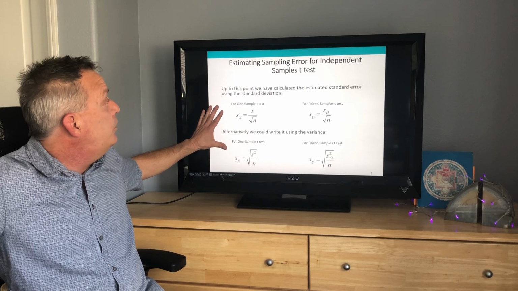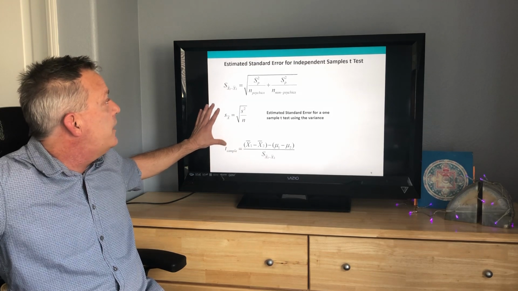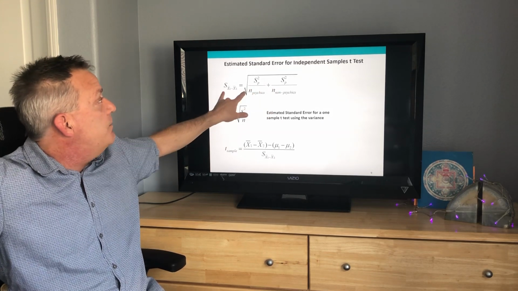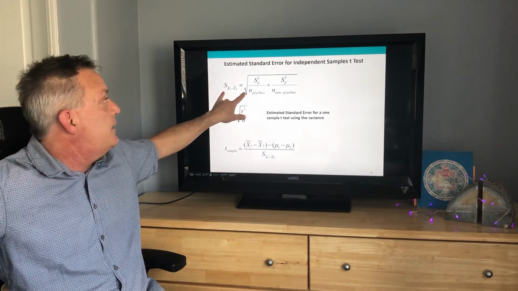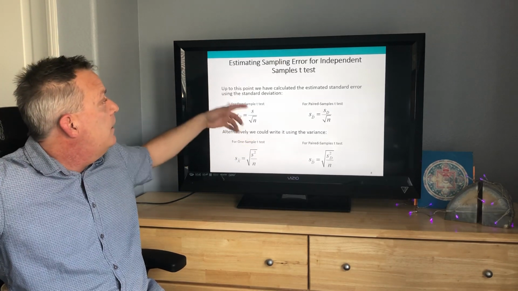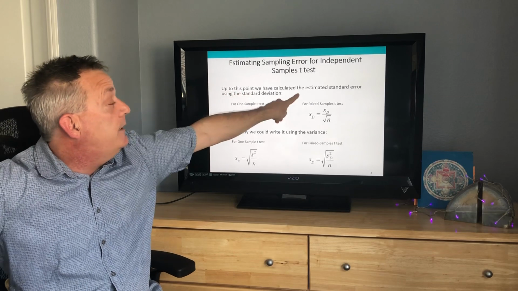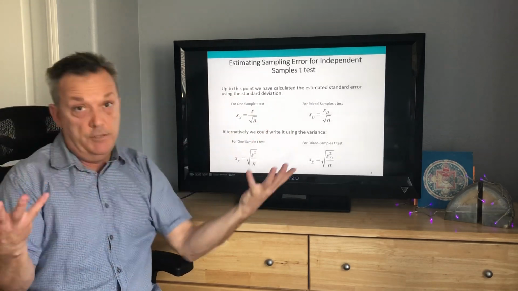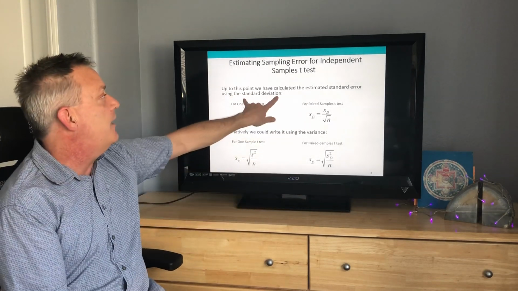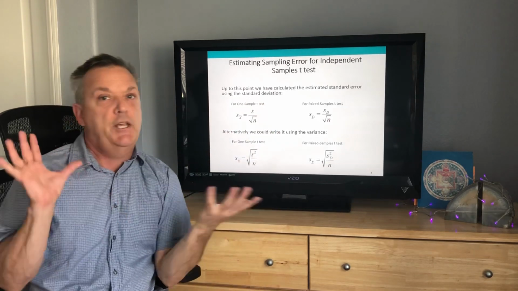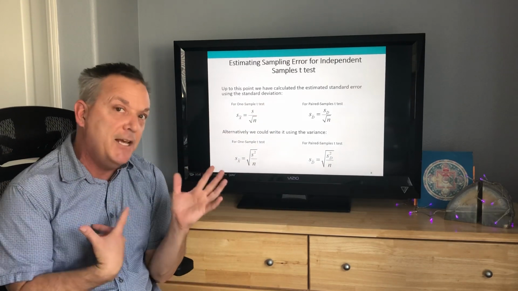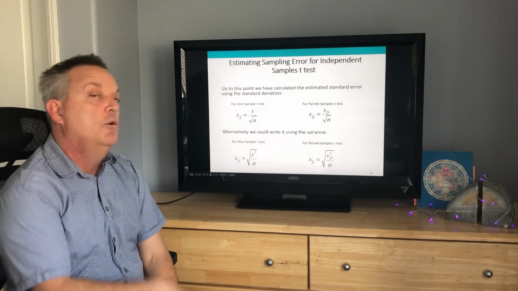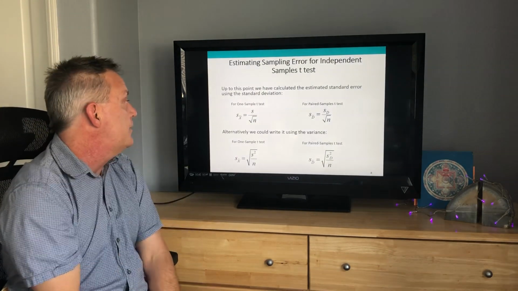You need to find the pooled variance to be able to use that for the estimated standard error for an independent samples t-test. Now up to this point, we've calculated the estimated standard error using the standard deviation. But as you'll remember, the standard deviation is just a variation of the variance, which is the square root of the variance.